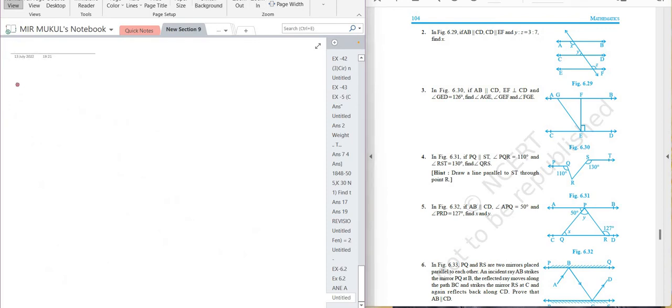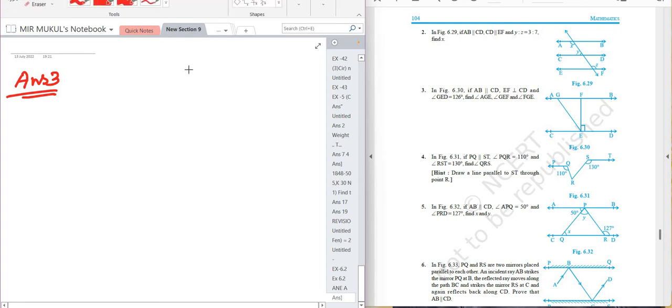Now, answer 3. In figure 6.30, if AB is parallel to CD, EF is perpendicular to CD, and angle GED equals 126 degrees, find AGE, GEF and FGE. Three things we have to find. So, draw this figure.